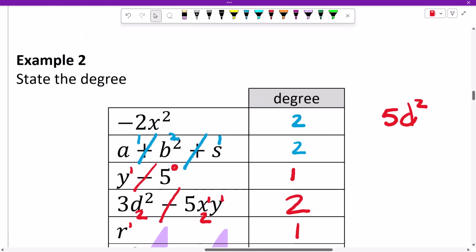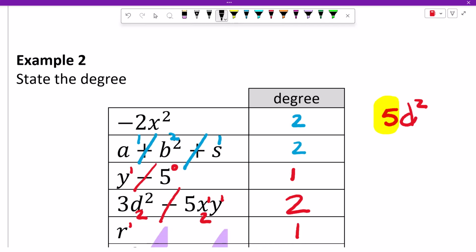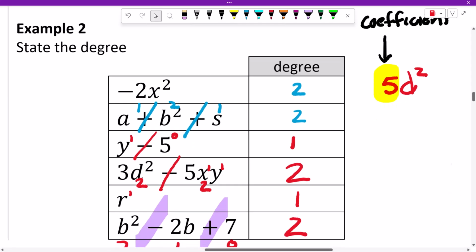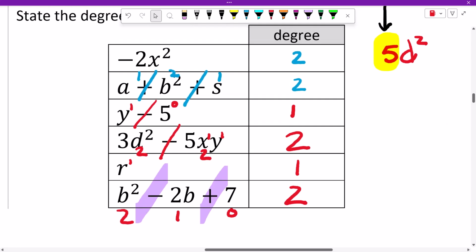A coefficient is the number in front of your letters. So I could go to the very last question here and look at the second term.